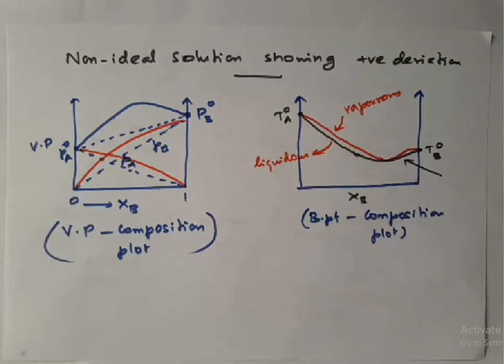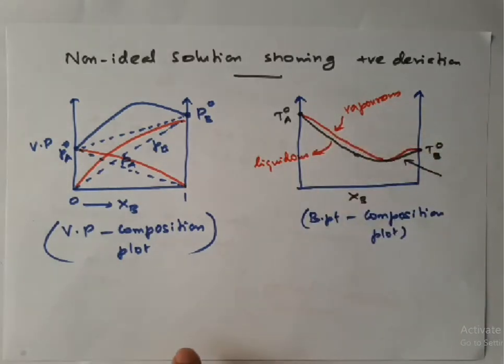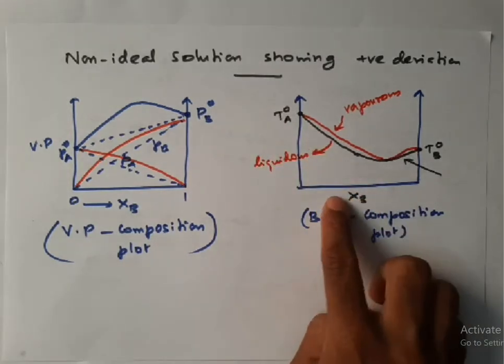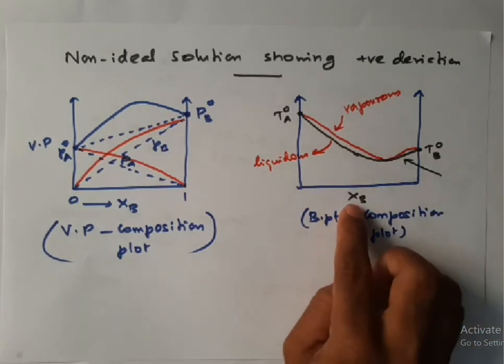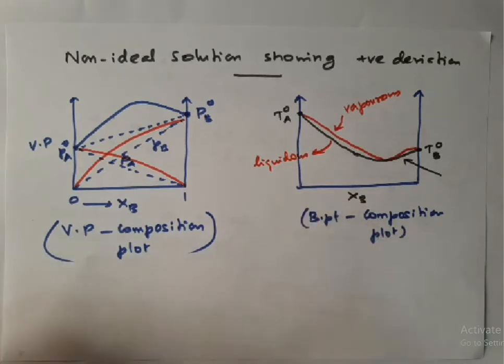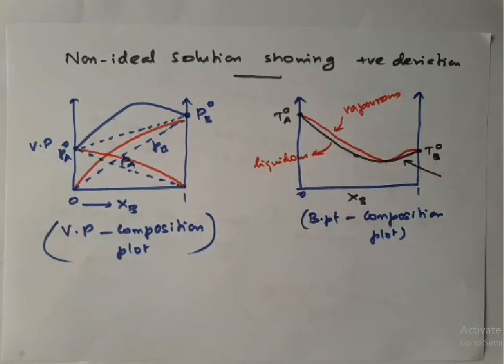What I am trying to say here is, listen, in this diagram I have shown both. That is, you take different mixtures of liquids A and B, and plot the mole fraction of B versus boiling point.